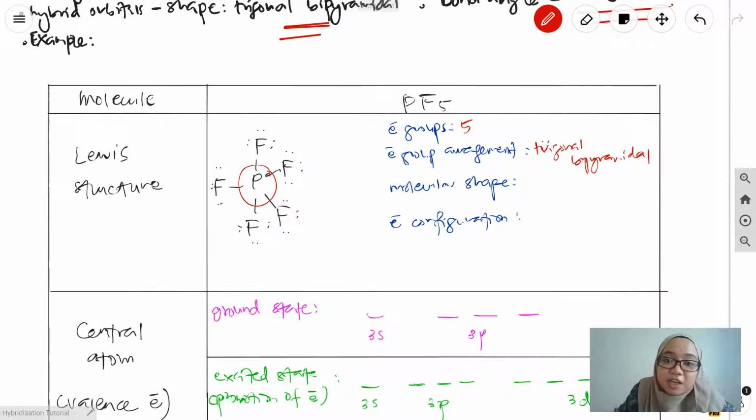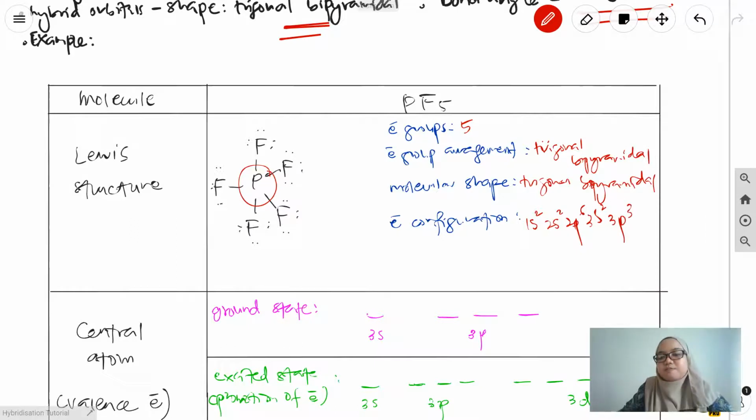Also, since it doesn't have any lone pair, the molecular shape will take the same as the electron group arrangement, which is trigonal bipyramidal. And the electronic configuration is 1s2, 2s2, 2p6, 3s2, 3p3.